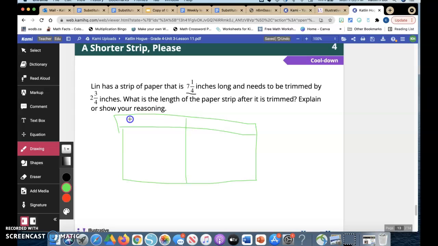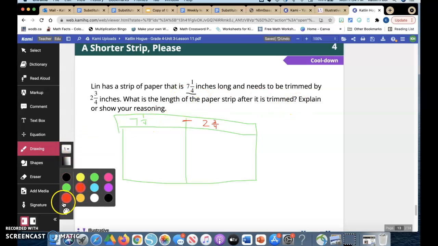So our first number is 7 1/4. Our second number is 2 3/4. And we are subtracting. What is the length of the paper strip after it is trimmed?